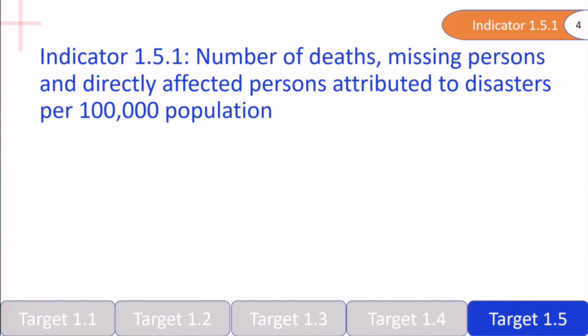So, for achieving target 1.5, there are 4 indicators given by the SDG group. The first indicator is the number of deaths, missing persons and directly affected persons attributed to disasters, divided by 100,000 population.